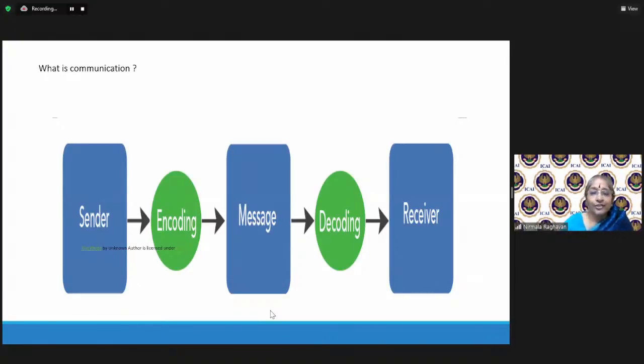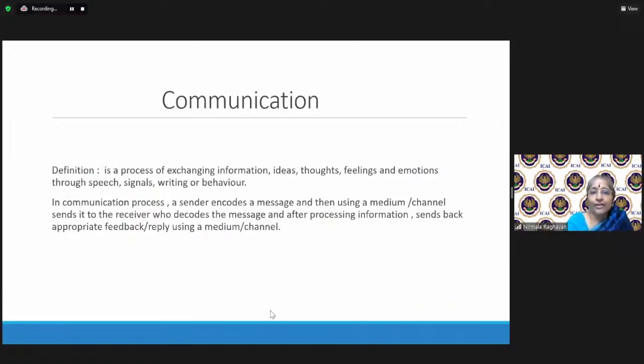Unless the receiver responds relevantly, communication doesn't happen. So what is the communication process? The process of communication is where the sender sends a message, encodes, that's sending the message is encoding the message. The receiver decodes the message and understands and responds relevantly. That is communication. Now, definition.